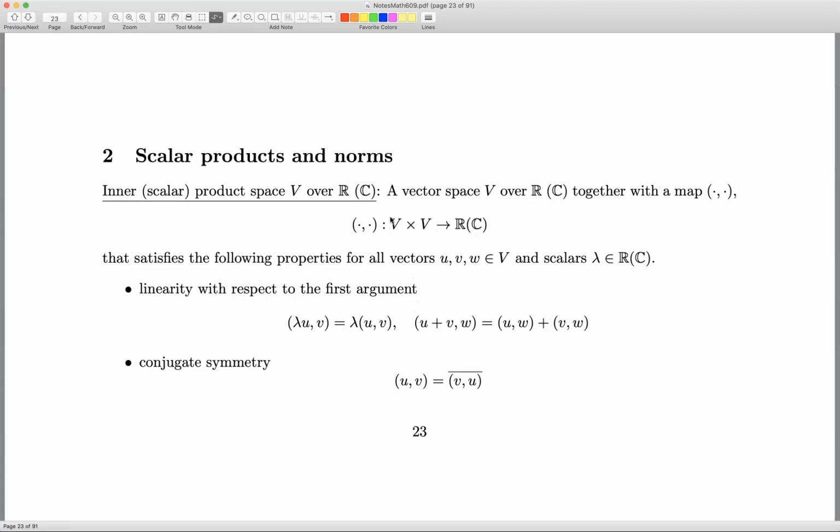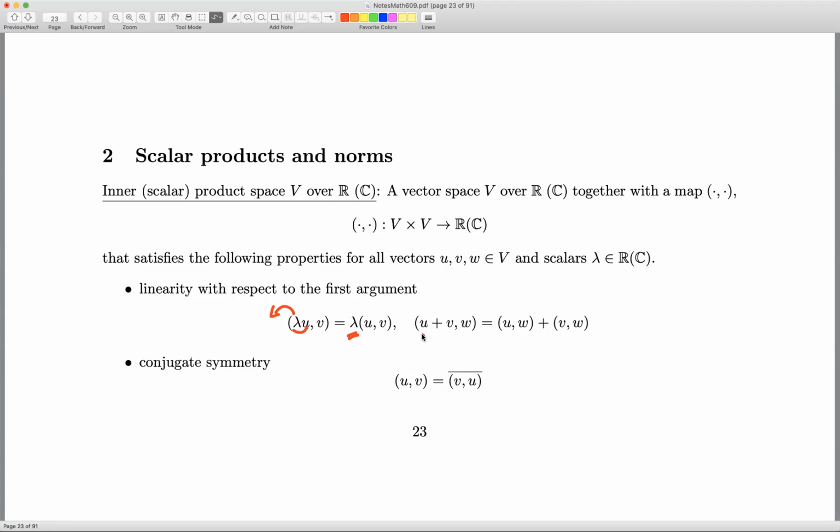The first condition is that this mapping, that is the inner product mapping, has to be linear with respect to the first argument, which means that if we take a vector u and a vector v in the vector space, and we look at the inner product of lambda u and v, where lambda u is the first argument of the inner product, then lambda can get out of the inner product, namely the inner product of these vectors is lambda times the inner product of u and v.